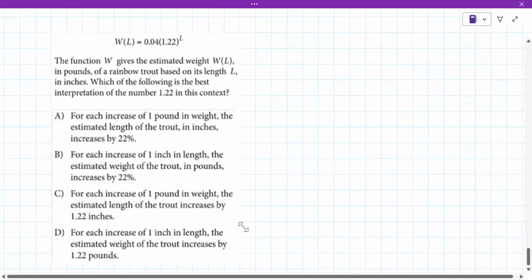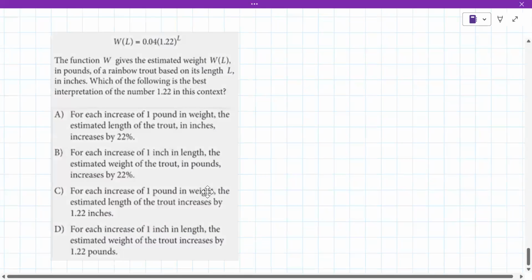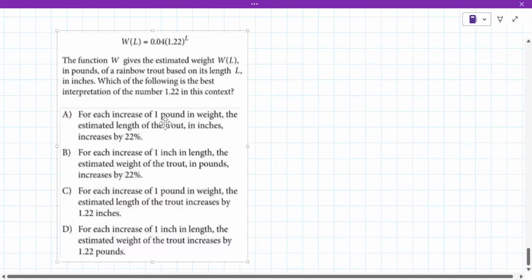When you look at a problem like this one, a more classic test question you might see, you first go here and read the call to action: which of the following is the best interpretation of the number 1.22 in this context? It helps you figure out that I don't actually need to know about that 0.04. You also might be drawn to something in one of the answers.